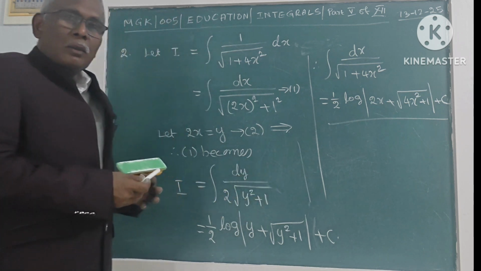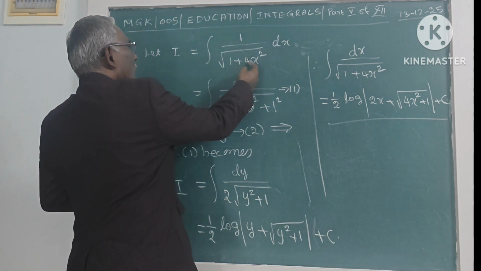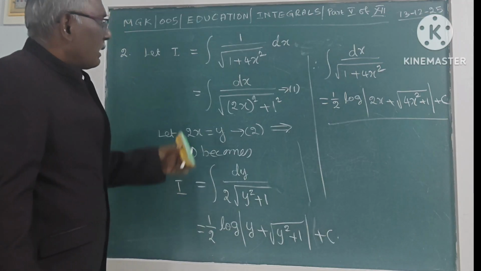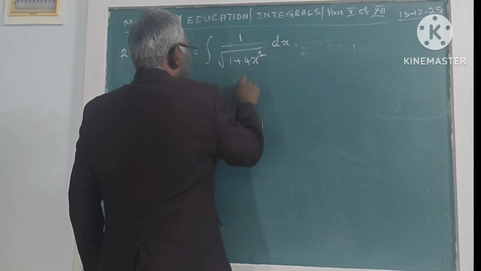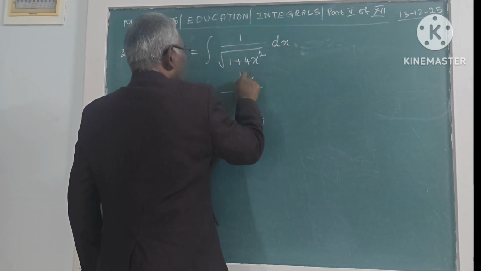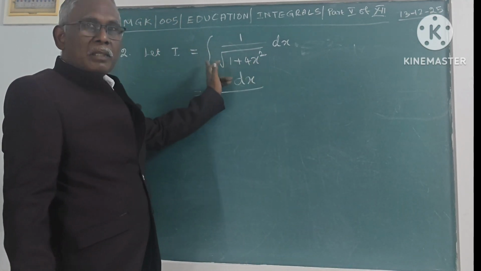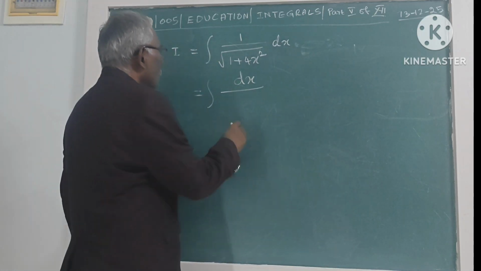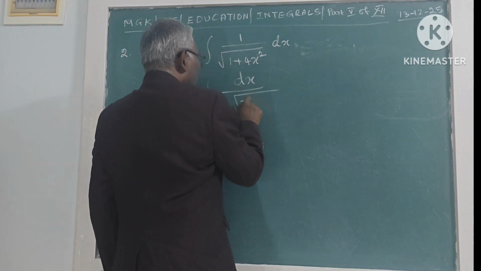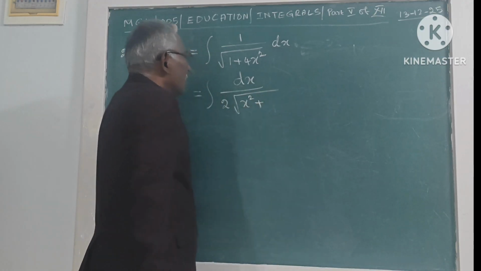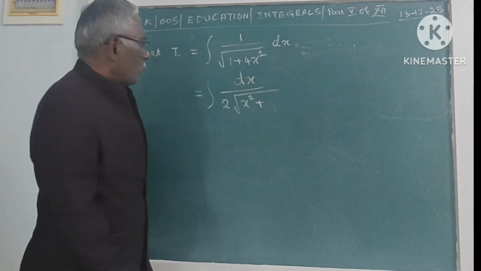We can also do this problem by taking 4 outside the square root. Let us see how to do that. Integral dx by, this 4 we can take outside the square root, that will become 2. So 2 times square root of x square plus, if we take 4 outside from this term, it will become 1 by 4.